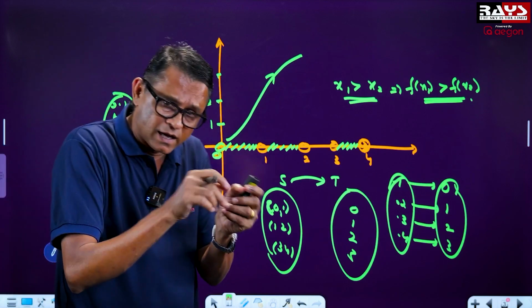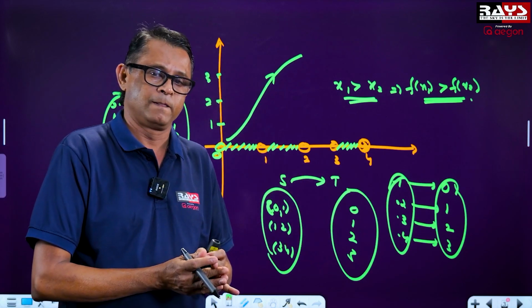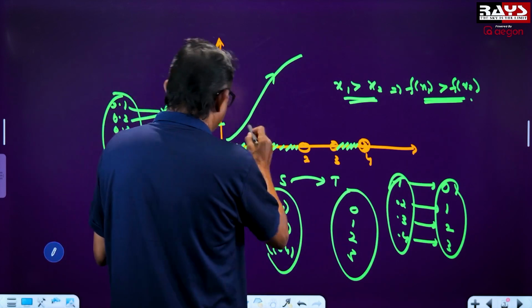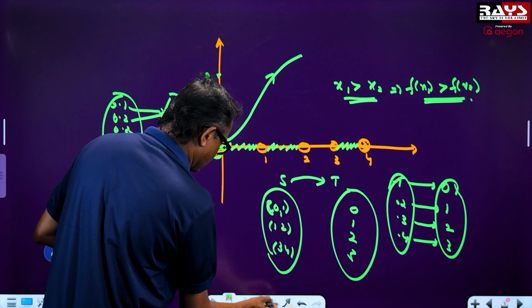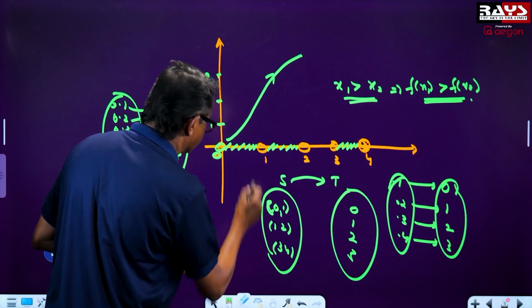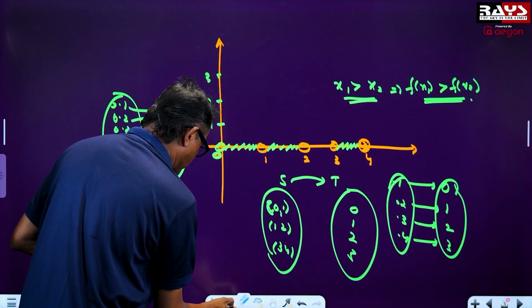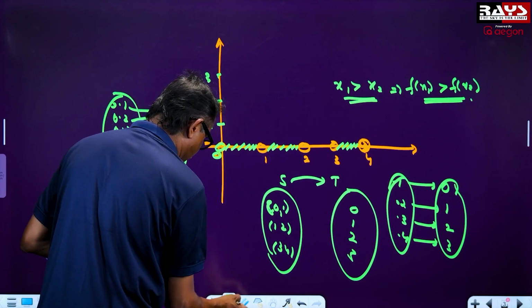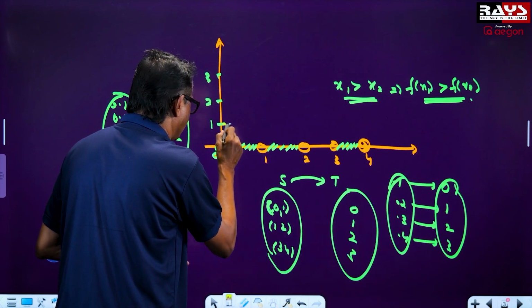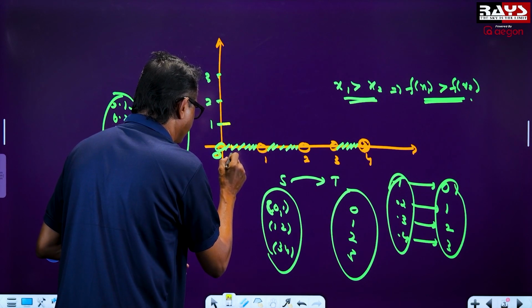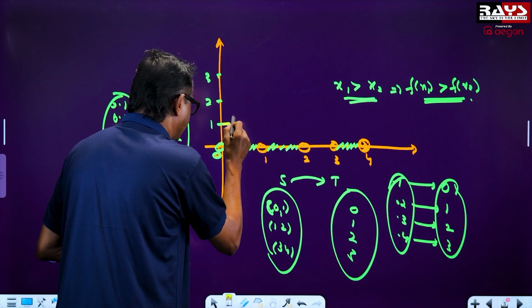Had it been just increasing, suppose the word strictly is not there, then I can draw a function like this. Say, for example, this element's image is 0, point 1's image is 0, point 2's image is suppose 1, point 3's image is again 1.